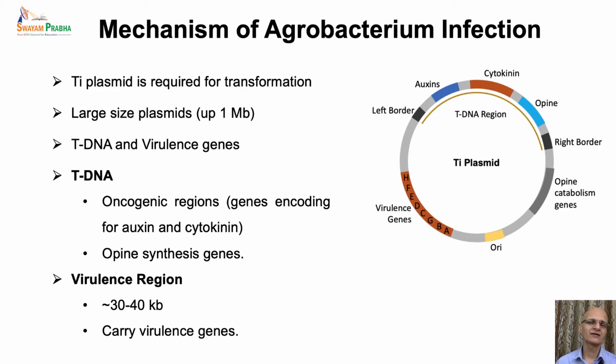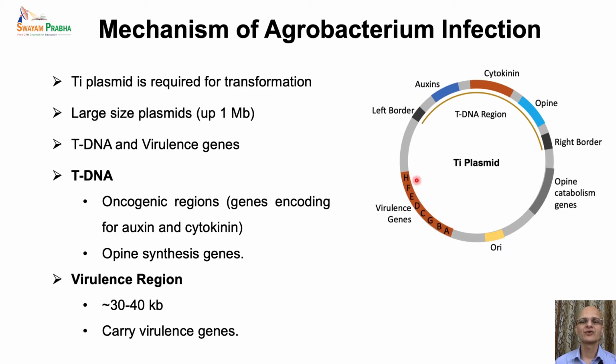Second important region is the virulence region. It is about 30 to 40 kb in size, and it carries at least 6 to 8 operons that code for more than 20 genes.